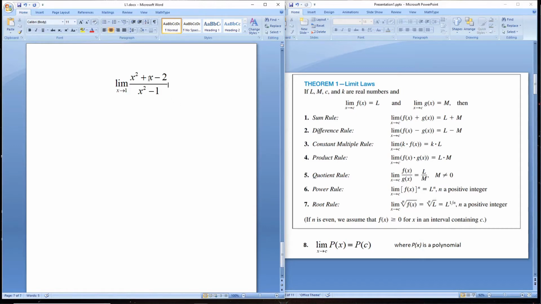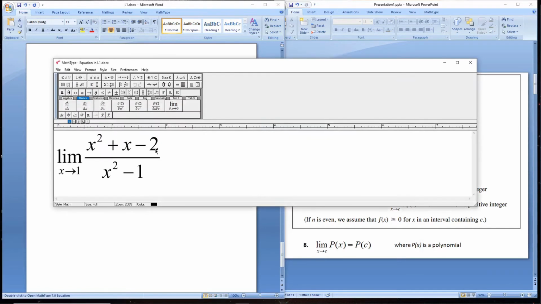So again, if we plug 1 into this, we'll find it's in the indeterminate state. And so we need to do something to get out of the indeterminate state. And we have 2 quadratics here, which we can factor. So let's just do that. So on this top part here, we got a minus 2 and a positive 1 there.